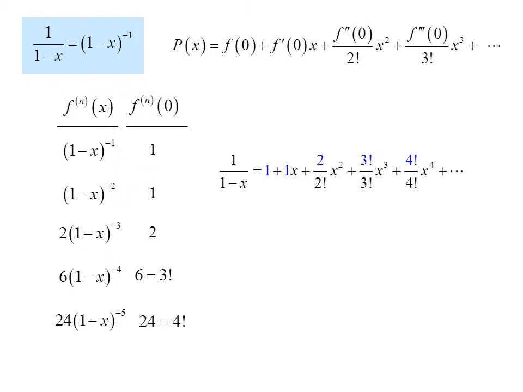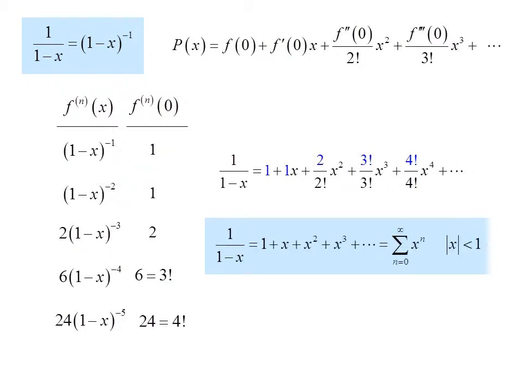Putting these coefficients into our series, we get 1 over 1 minus x equals 1 plus 1x plus 2 over 2 factorial x squared plus 3 factorial over 3 factorial x to the third plus 4 factorial over 4 factorial x to the fourth, which simplifies to 1 over 1 minus x equals 1 plus x plus x squared plus x cubed plus ... equals the summation from n equals 0 to infinity of x to the n, where the absolute value of x is less than 1.